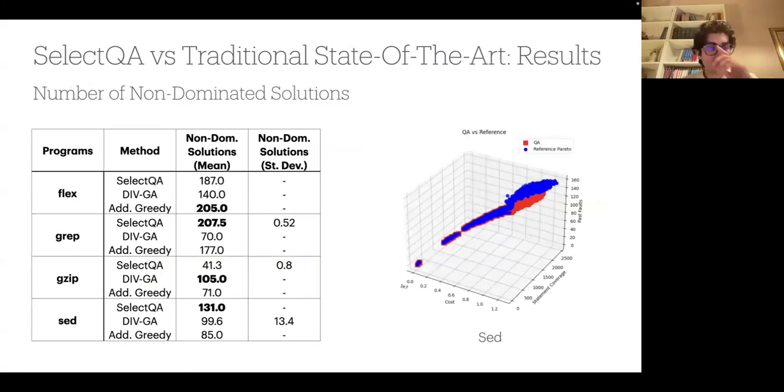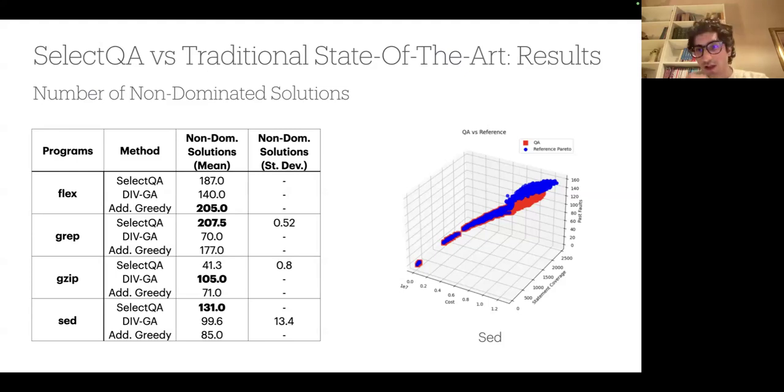And here we can see the results of the comparison regarding the effectiveness of the different strategies. In particular, we can see that in 2 out of 4 cases, SELECTQA won, whereas in 1 out of 4 cases the IVJ was the best, and in the other case the best was additional greedy.